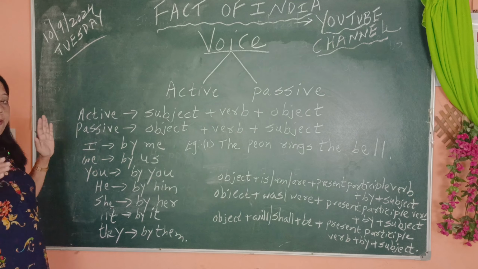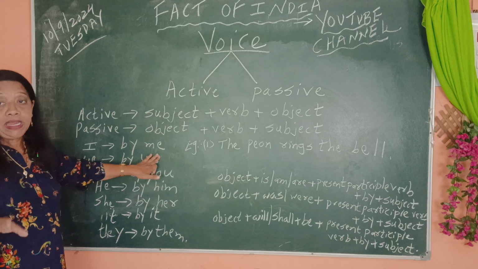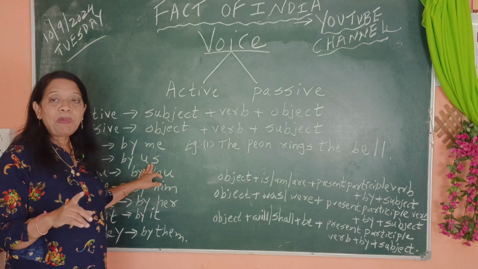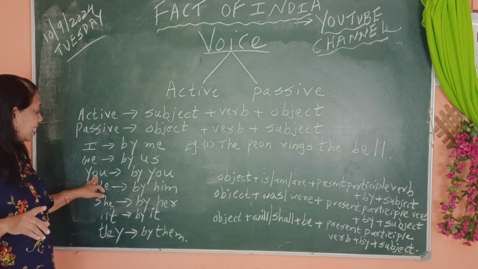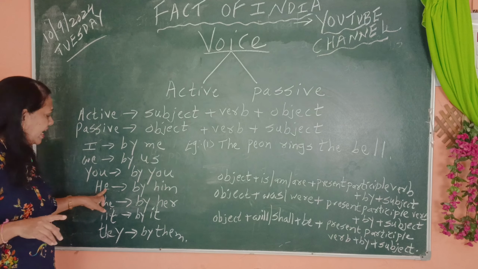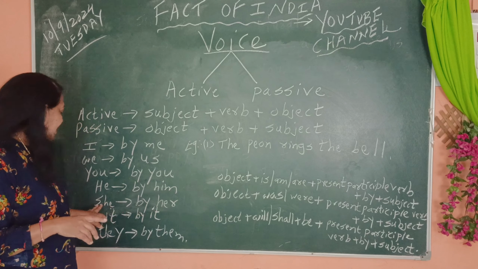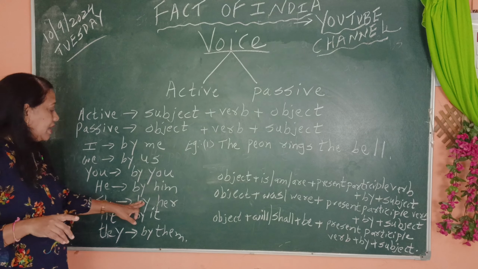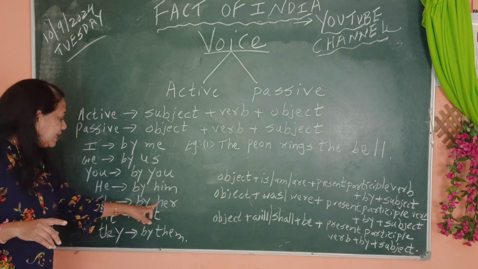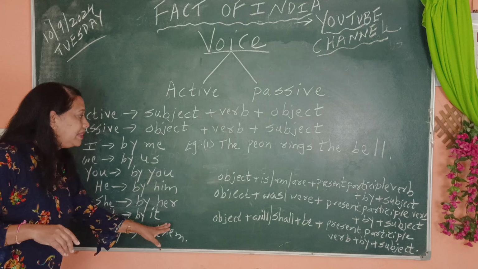Now, when we want to turn the active narration into passive, if the subject is I, we use by me. If the subject is we, we use by us. If the subject is you, by you. If he, by him. If she, by her. If it, by it.